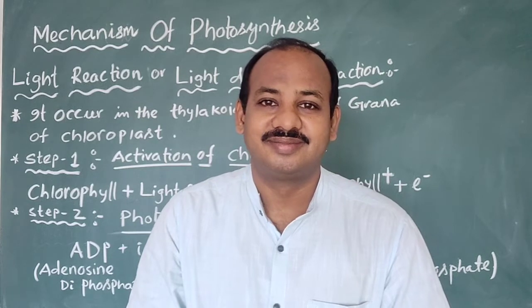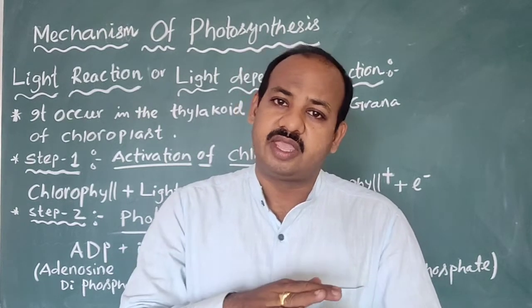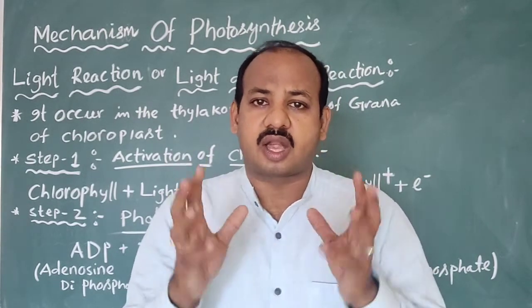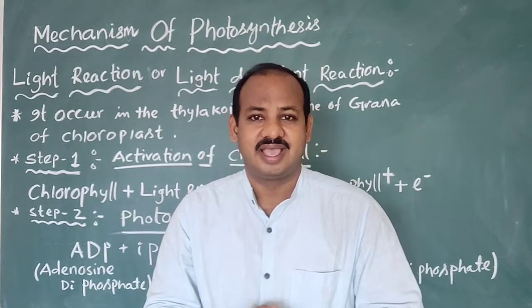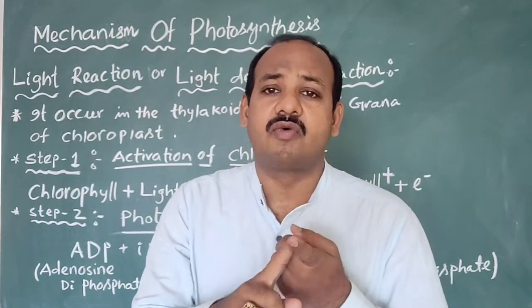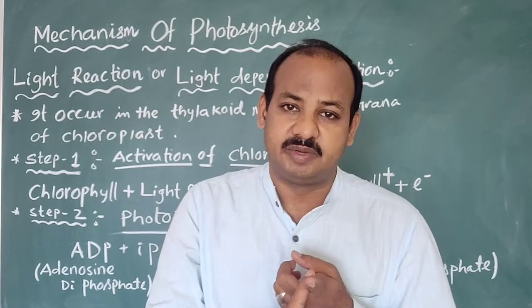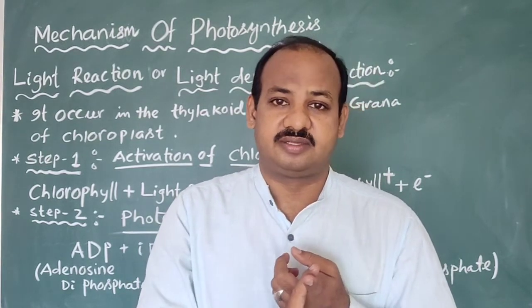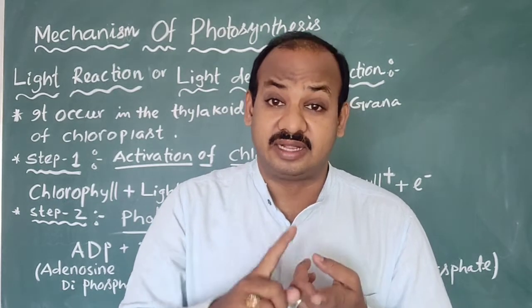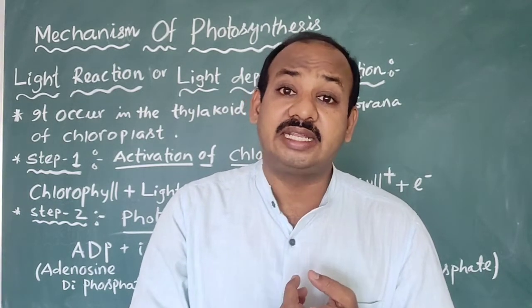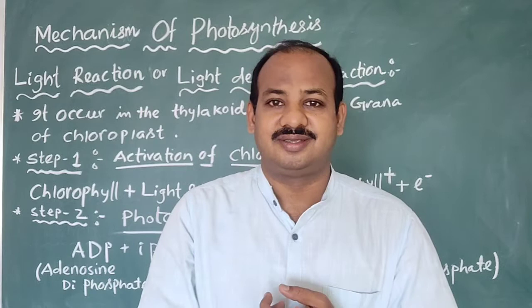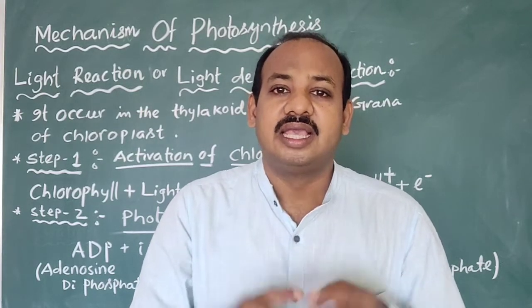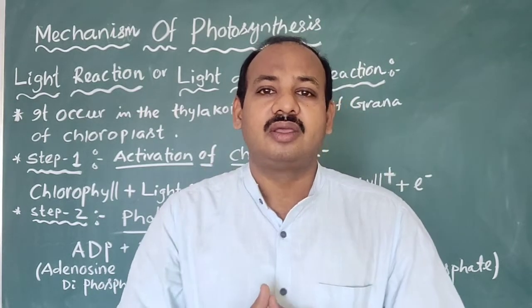Okay, children? So, already we came to know about the ultrastructure of the chloroplast, and the light reactions of photosynthesis take place in the grana thylakoids, and the dark reactions or light independent reactions occur inside the stroma of the chloroplast.